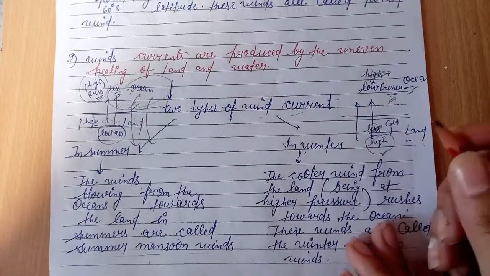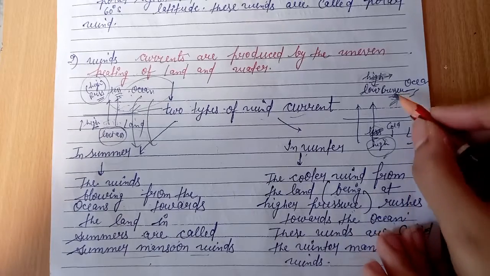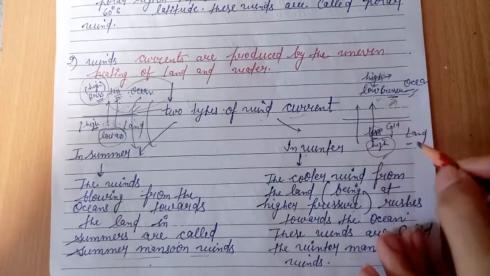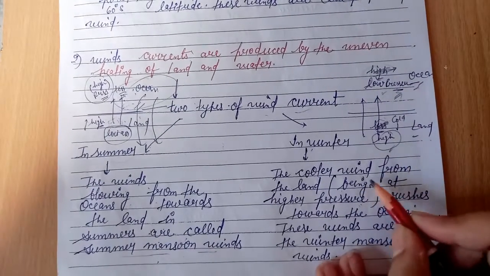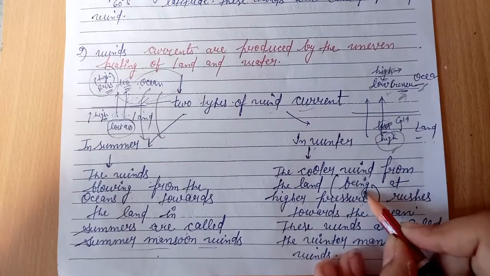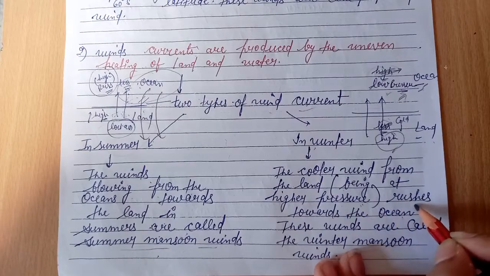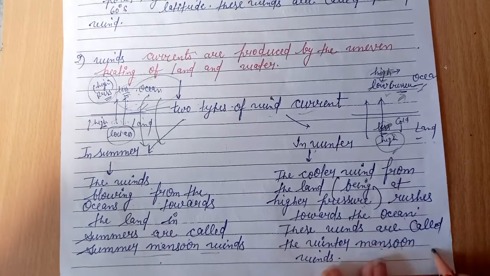Because of cold air, the air pressure of land is high and the air pressure of ocean is low. So wind starts to blow from high pressure to low pressure, from land towards the ocean. The cooler wind from the land, being at higher pressure, rushes towards the ocean. These winds are called winter monsoon winds.